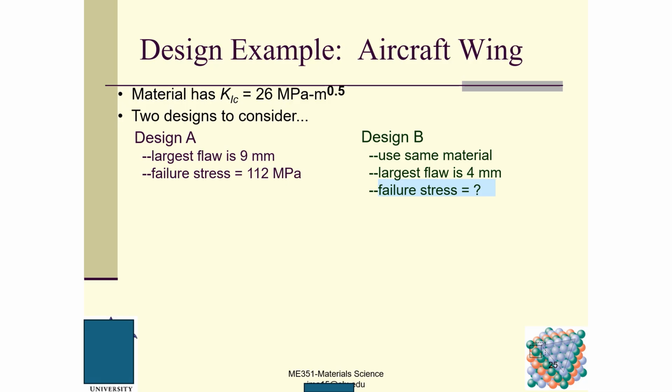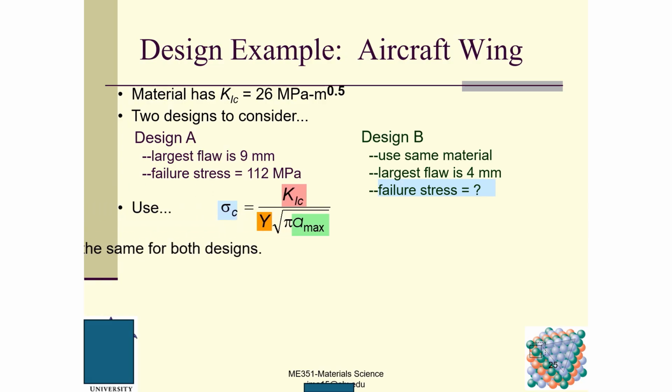This aircraft wing is an example. The material has this KIC, and there are two designs to consider. Design A: largest flaw 9 mm, failure stress 112 megapascal. Design B: use the same material, largest flaw 4 mm, and we want to calculate the failure stress. How to do that? Using this equation.